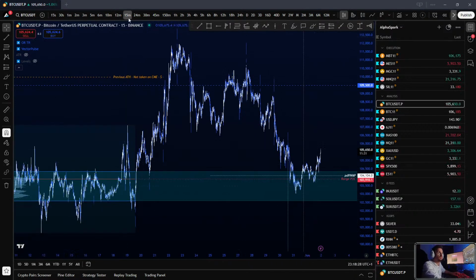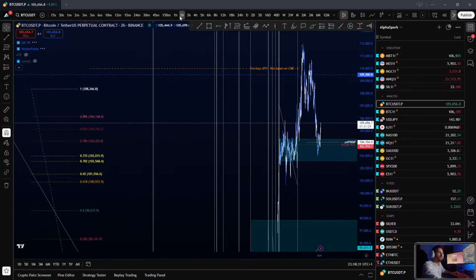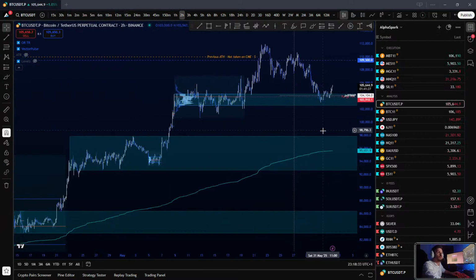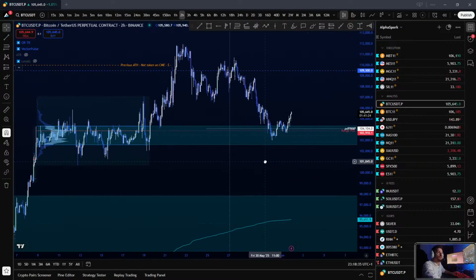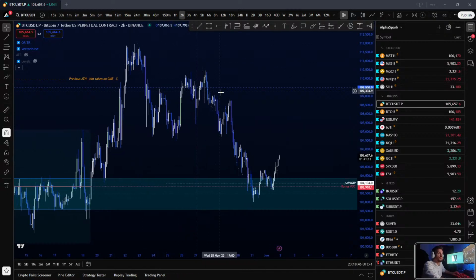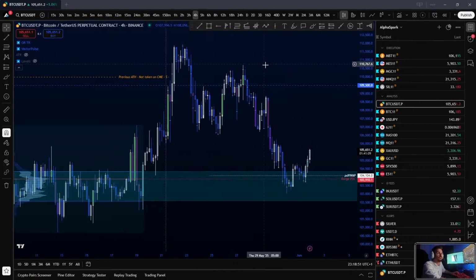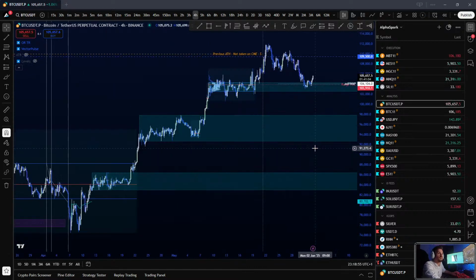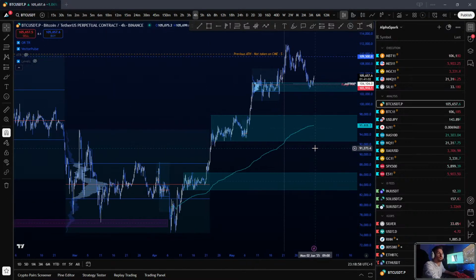So the question now is if this will hold, or if we use this as the start of a dead cat bounce move. In my opinion, a big bunch of these levels don't look too good to hold for a long time, but that doesn't stop us from potentially moving lower, right?